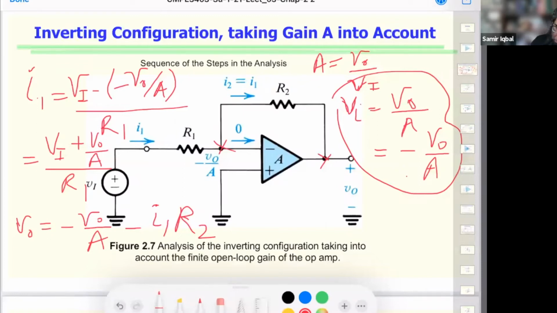Now I can plug in the I1 value here from this guy.